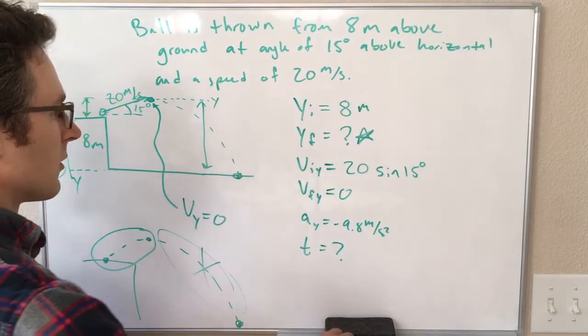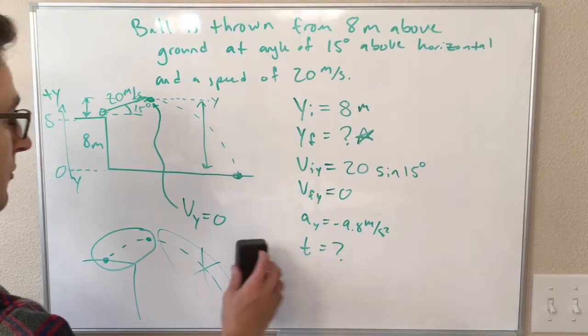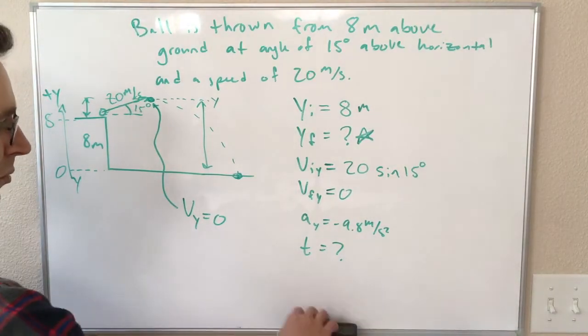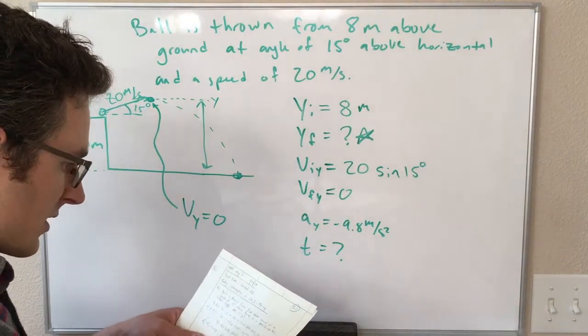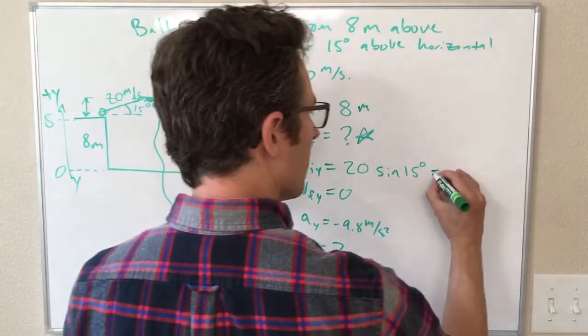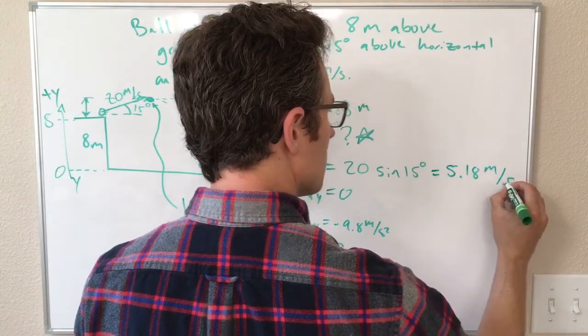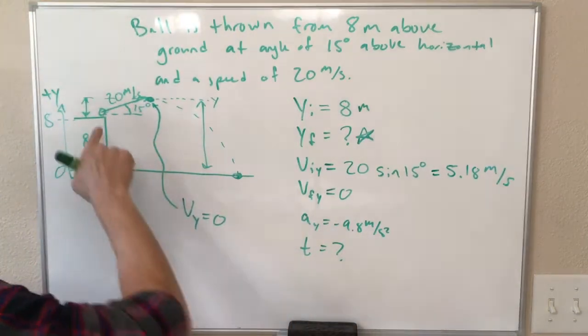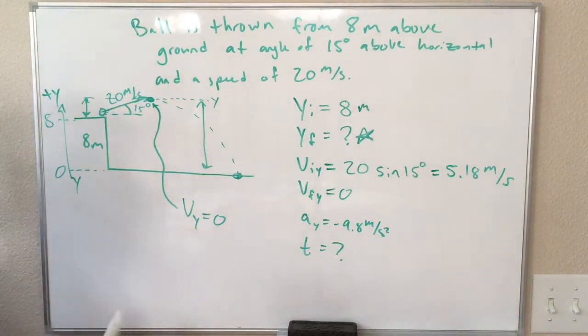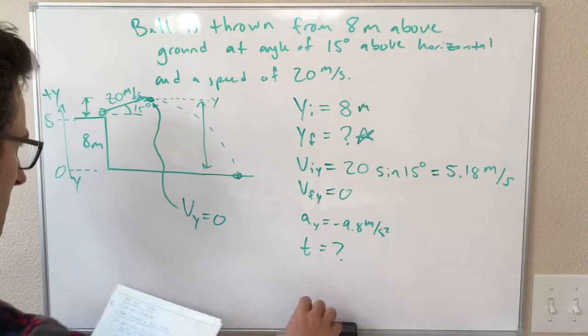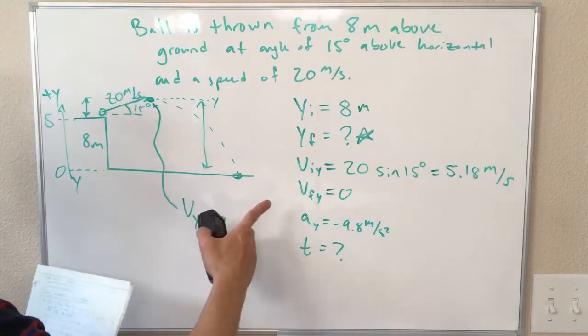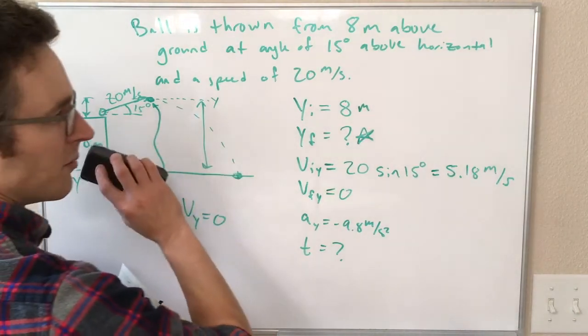So you can look at your equation sheet and see that we want to use the time independent equation. Before I erase this, I should write that 20 times the sine of 15 is equal to 5.18 meters per second. So it initially is going up at a velocity of 5.18 meters per second. Okay, I'm going to erase all this and plug these into the time independent equation.